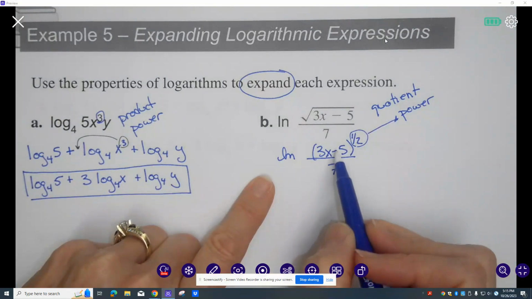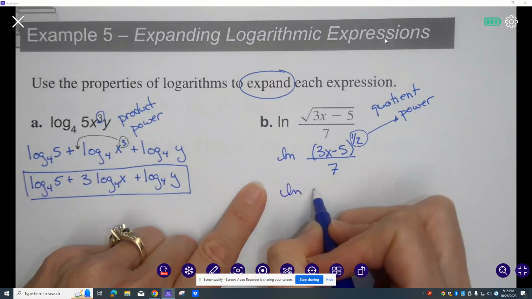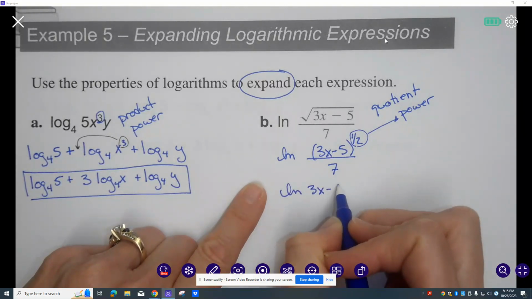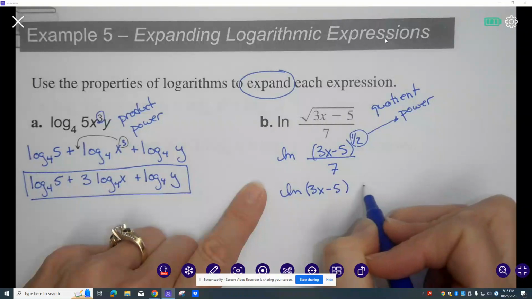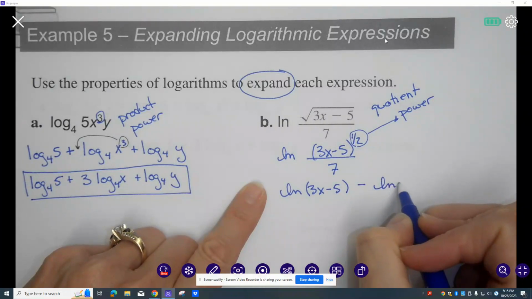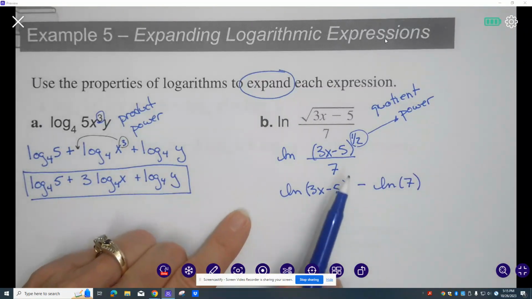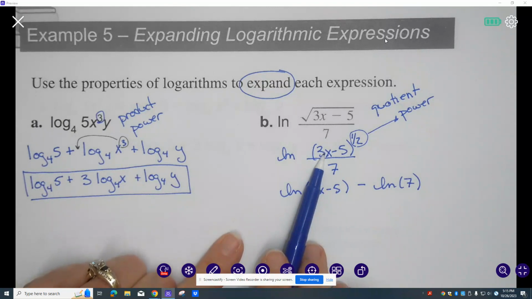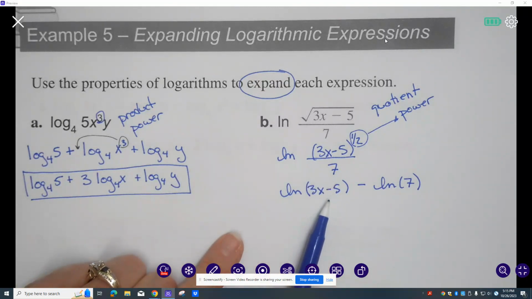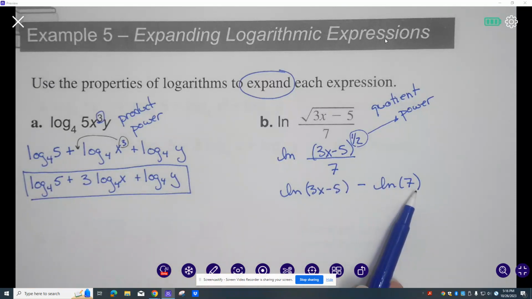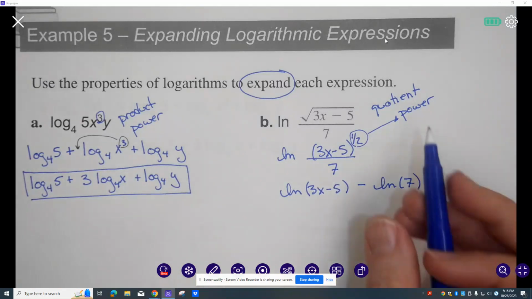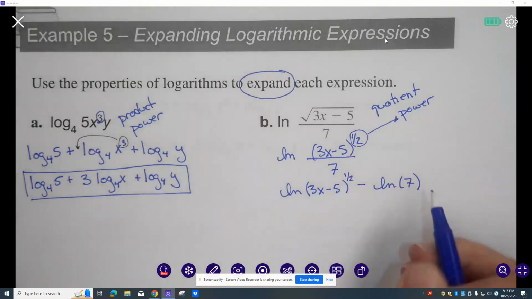Okay, so division becomes subtraction. So I'm going to have natural log of 3x minus 5, subtract natural log of 7. So it's numerator divided by denominator, so you do top minus bottom, or numerator minus denominator. And then I forgot my exponent on here.